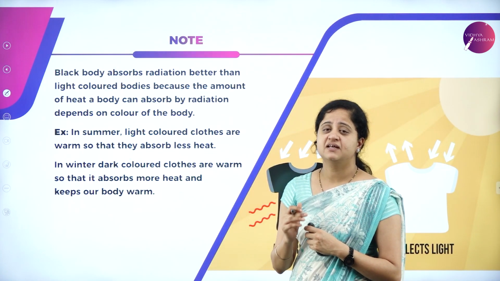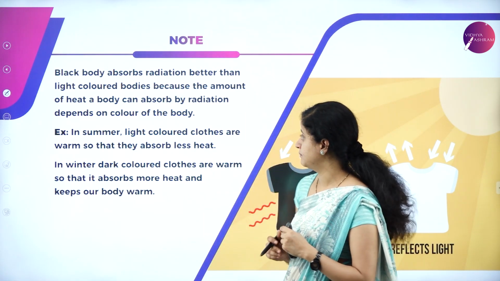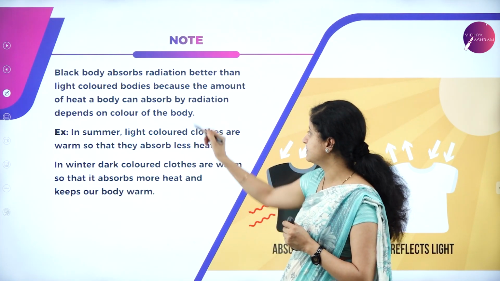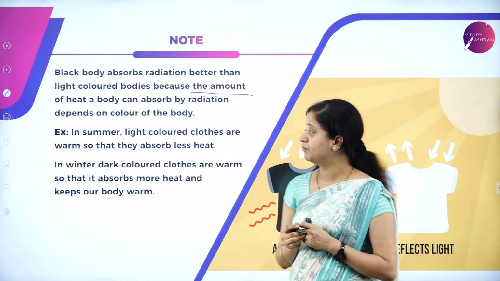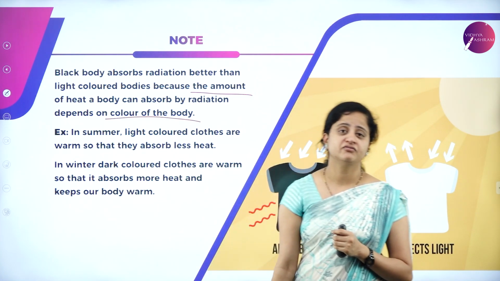As I told, this is why we choose light colored clothes in summer. Dark bodies absorb radiation better than light colored bodies, because the amount of heat a body can absorb by radiation depends on the color of the body.